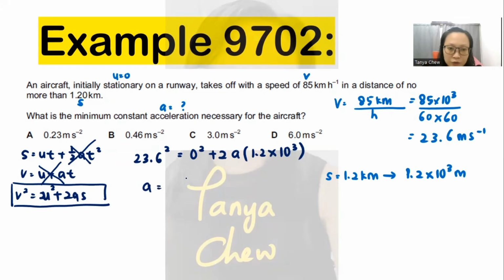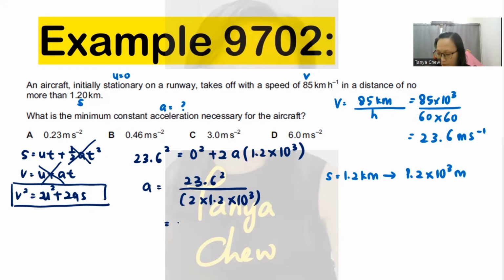Therefore, my a is 23.6 squared over 2 times 1.2 times 10 to the power of 3. So 23.6 squared, divided by 2 times 1.2 times 10 to the power of 3, and the answer is 0.232 meter per second square. So the answer is A.